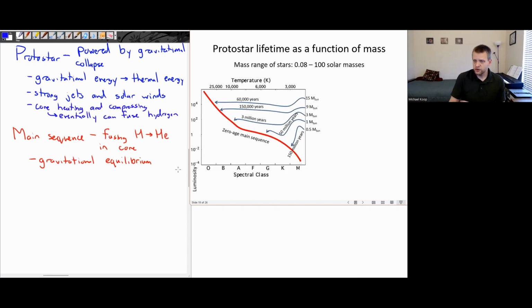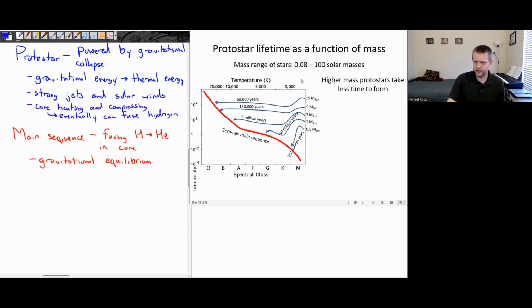So, how long do these protostars last? Well, the masses of these protostars range from about 8% the mass of our sun to around 100 solar masses.